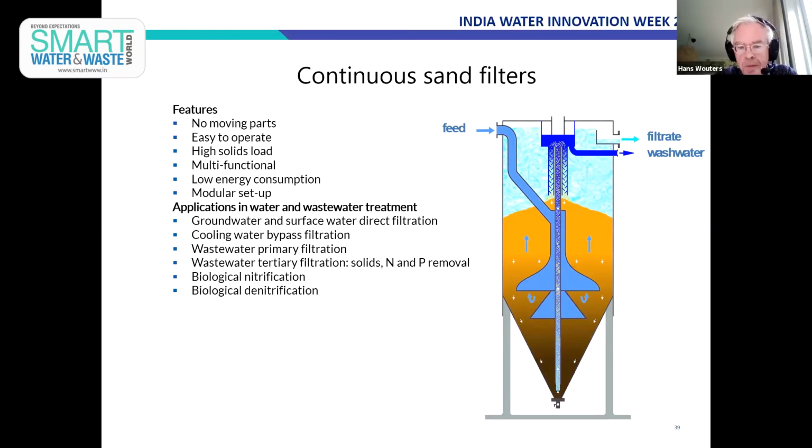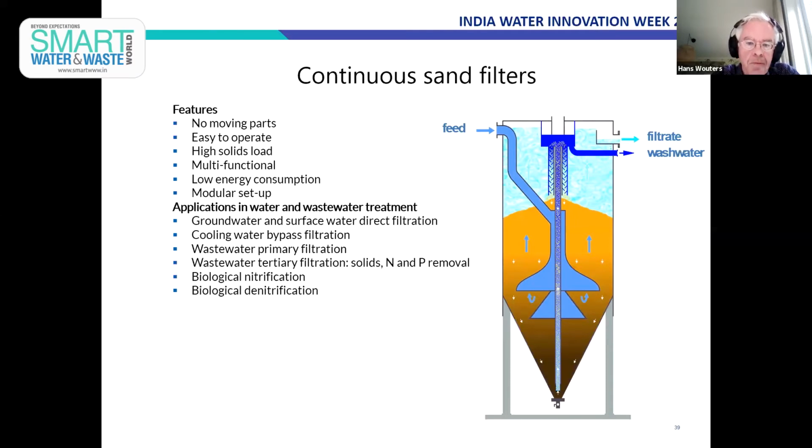The feed water comes into the filter, let's say at the distributor arms, which is at the bottom of the filter, and then the water is flowing upward through the filter into the filtrate room and then leaves the filter at the top. And as you can imagine, solids will build up in the filter and need to be discharged from the system.